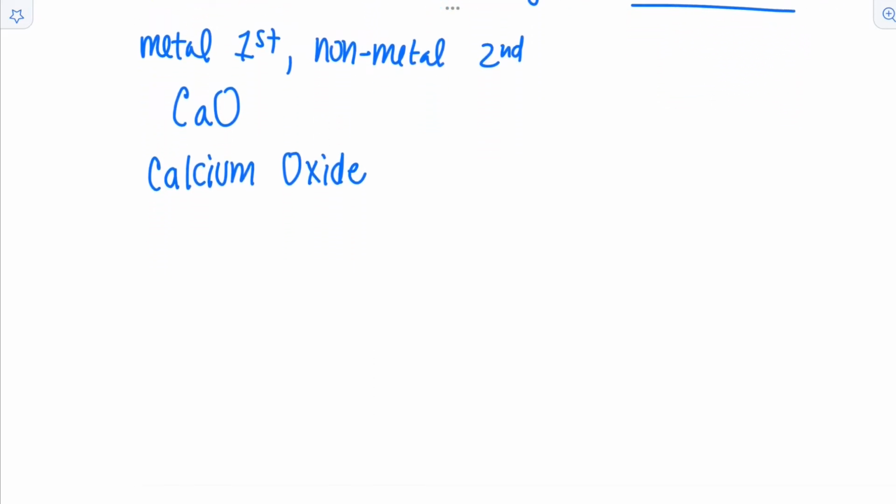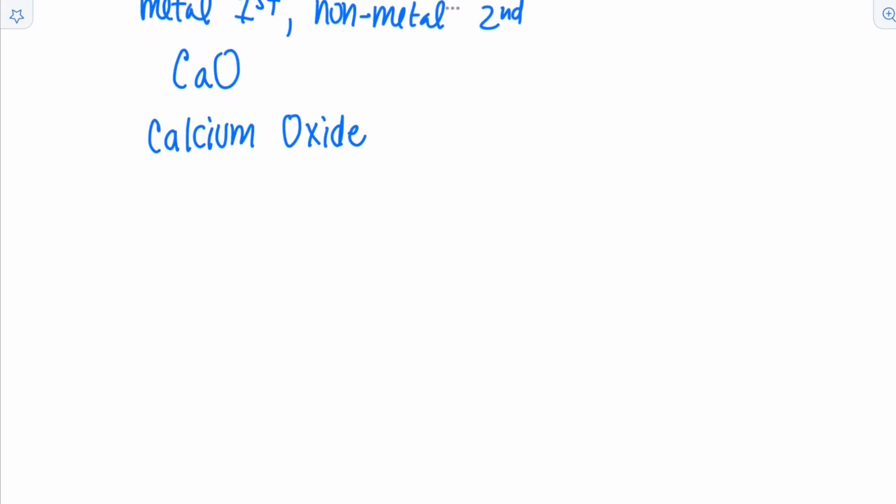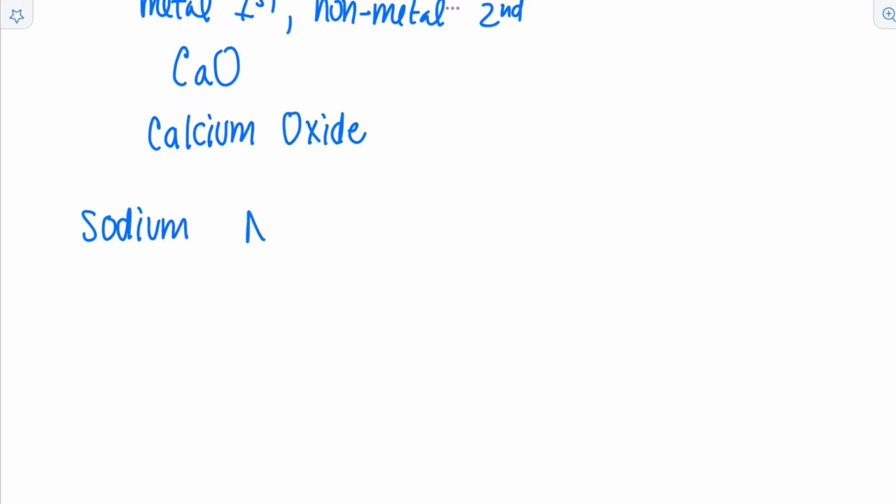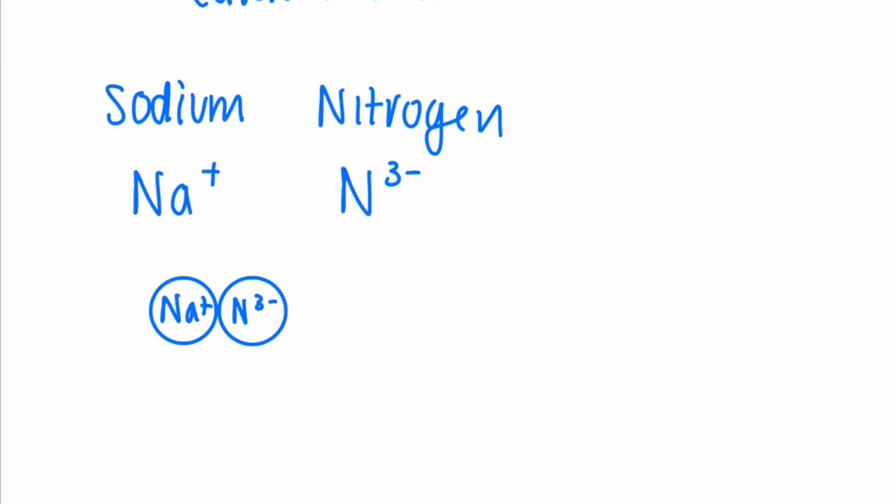All right, let's try and do one more that is a little bit more complex. Let's do sodium and nitrogen. If we look at our periodic table, sodium has a +1 charge. When it's a +1 charge, you don't have to write the 1. And nitrogen is 3-. I'll start with a 1-to-1 ratio. But you'll notice here that if you add +1 to -3, you'll end up with -2.